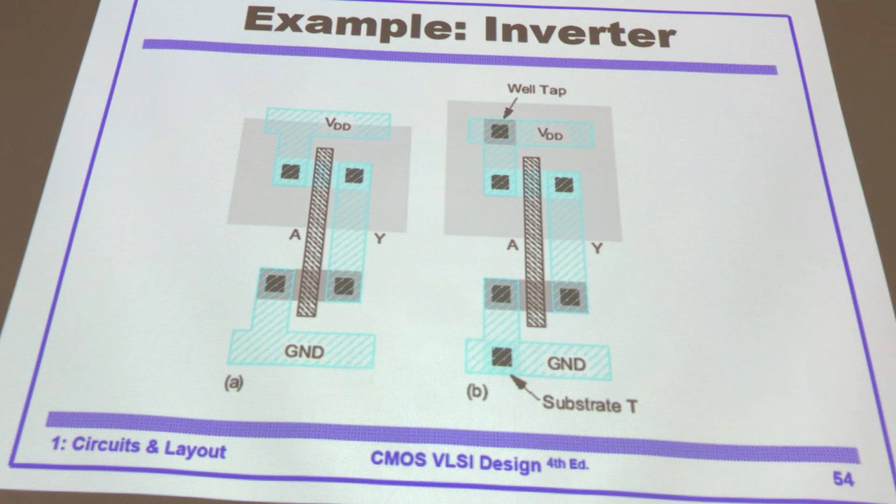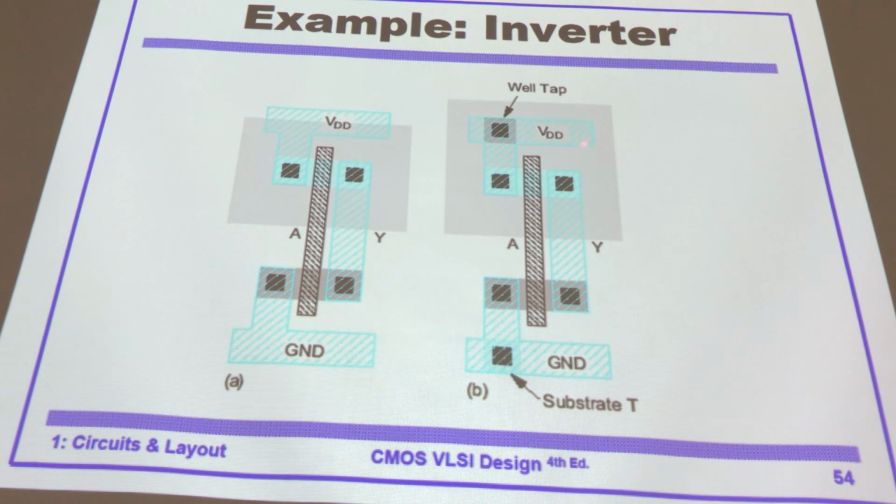So can you see the circuit here? The polysilicon, the input, and VDD here, ground here, and this is a transistor, a PMOS transistor, right? When the polysilicon crosses the diffusion on the top, this is the transistor.